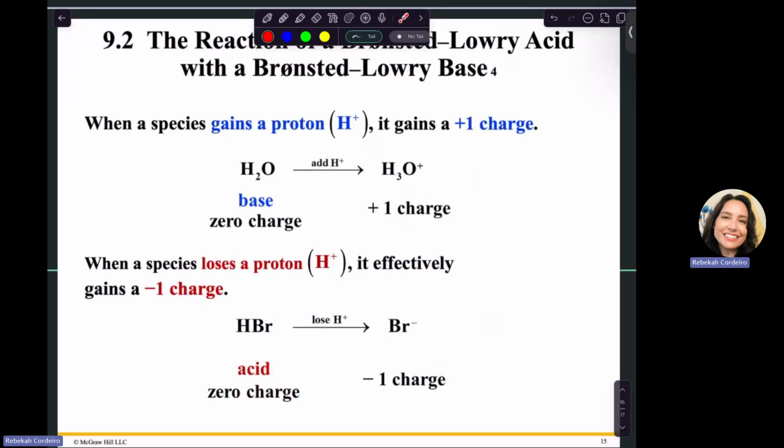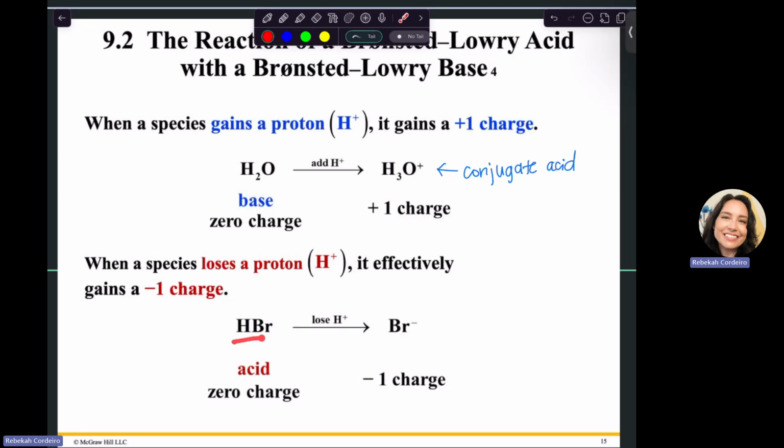Make sure that you also look at the charges when you're thinking about conjugates. So if I say water is acting as a base, what's its conjugate acid? We're going to add H plus, and you have to remember that we're not just adding H. Anytime we are doing acid-base stuff, if an H is added, a plus is also added. So if we start with 0 charge and we add H plus, now we have +1 charge.